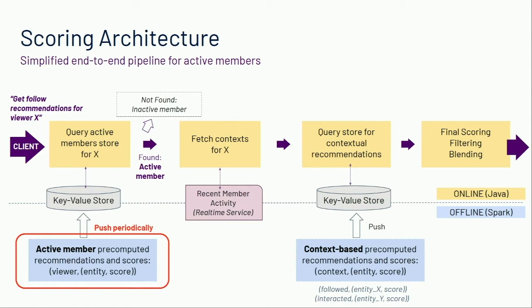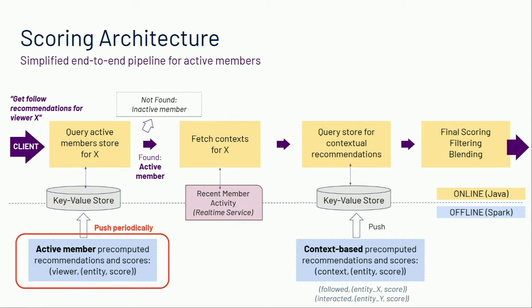And everything at the top of the slide in yellow is everything that happens online in real time whenever a client calls us to get follow recommendations for viewer X. So we run the offline flows on a regular basis, and we push the recommendations to key value stores, which make the communication between the offline and the online. And so you see here in red where the pre-computed personalized recommendations are pushed.